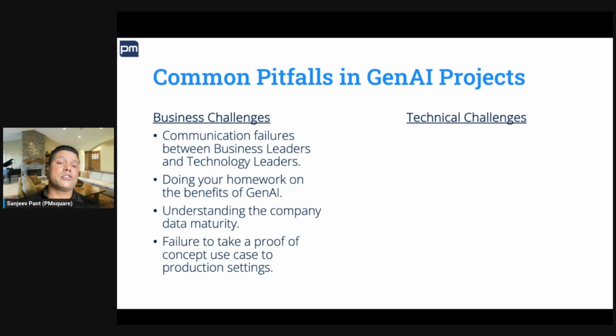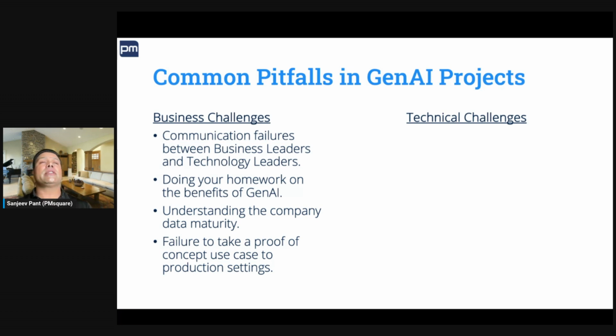And finally, failure to take a proof of concept use case to production settings. This is one of the biggest reasons why you don't see a true end-to-end, production-ready GenAI-driven application: we get too carried away with the proof of concept, or what we also call proof of value.